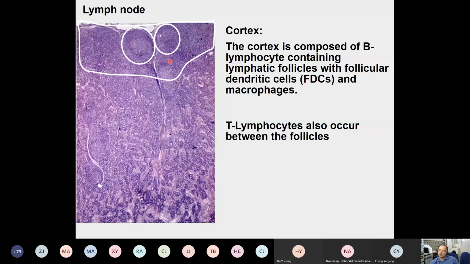Between the lymphatic follicles, you also have some T lymphocytes in between those oval structures. So this is the cortex. B lymphocytes in the follicles and some T lymphocytes outside the follicles, and all the cells we discussed within the follicles you can tell here again.